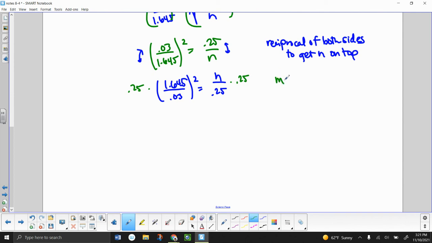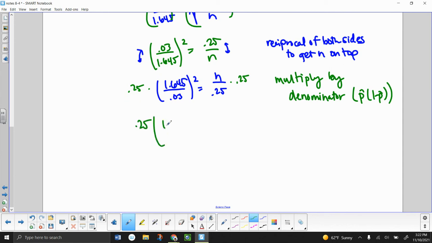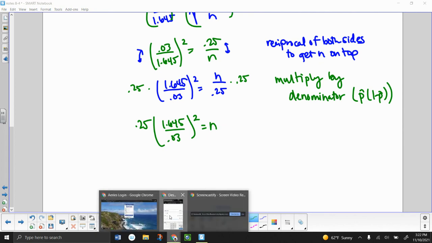So multiply by the denominator. And just so we remember where that number came from, that denominator is P hat times 1 minus P hat, or in this case, P. So what we have is 0.25 times 1.645 over 0.03, squared. That's what we're going to put in our calculator.